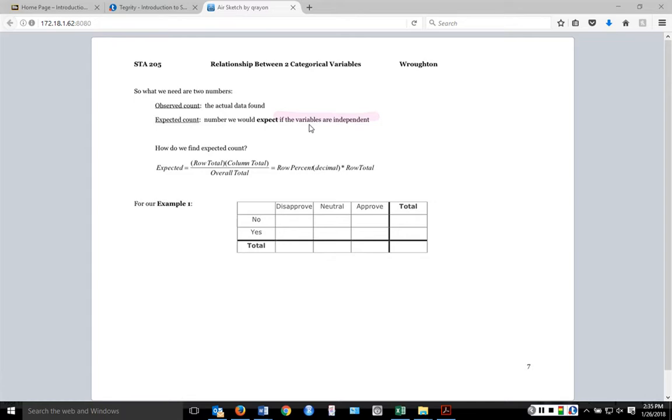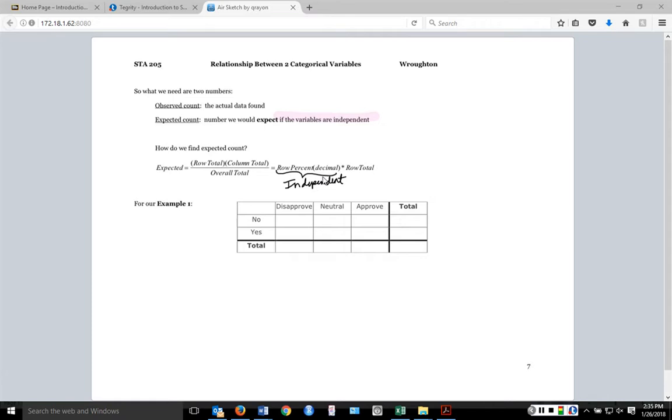Now, how do we actually calculate the expected count? There's two different formulas we have here. So the first one just uses totals. The second one uses a row percent in a decimal form. And this is based upon when they're independent as well, times our row total. So the easiest way to understand this is done by actually doing our example.